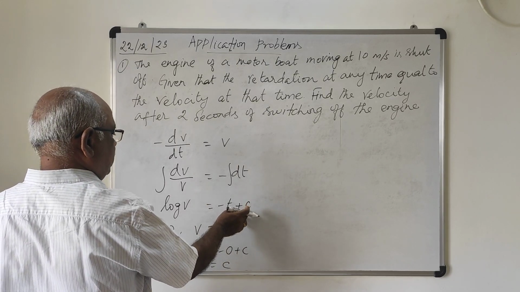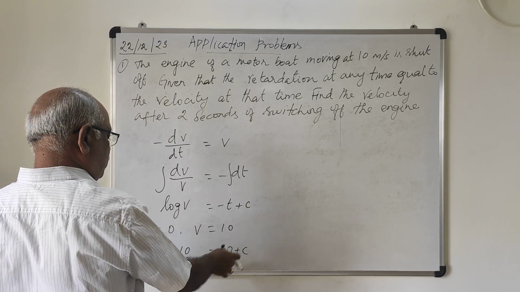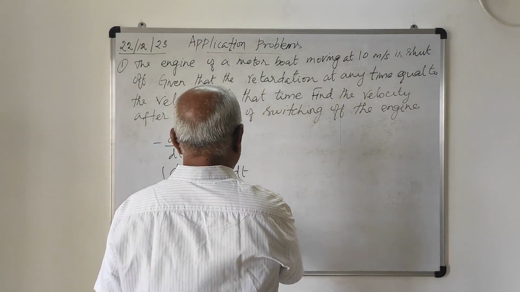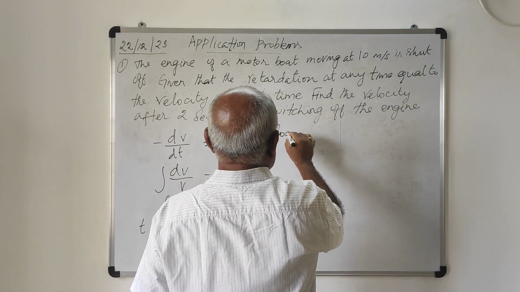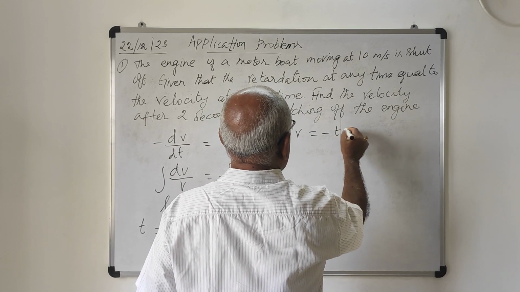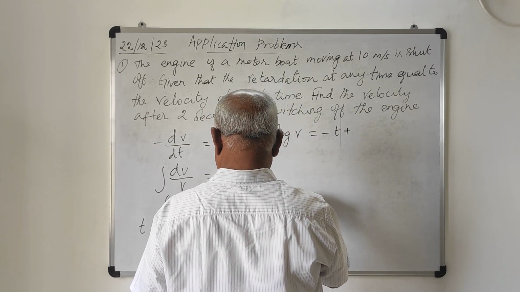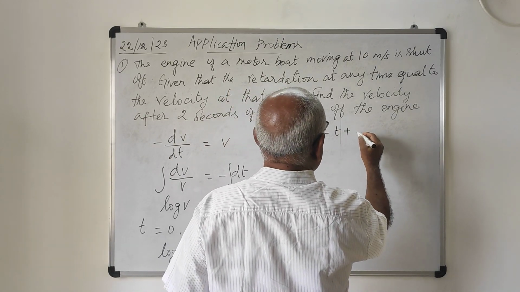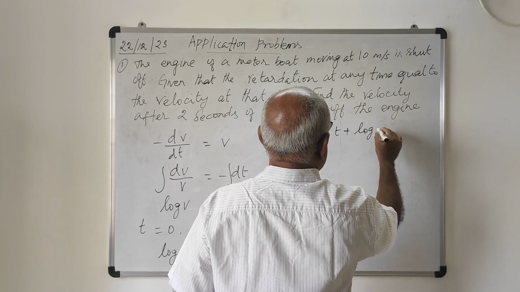So replacing c by log 10 in the equation, log v equals minus t plus log 10.